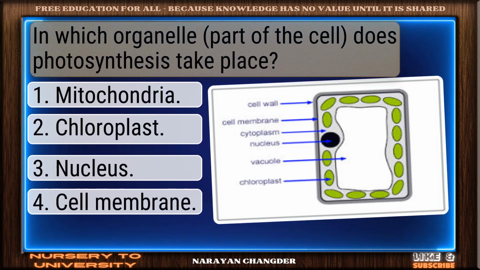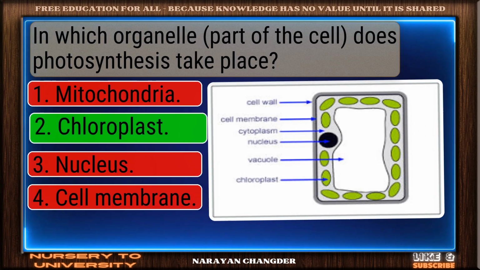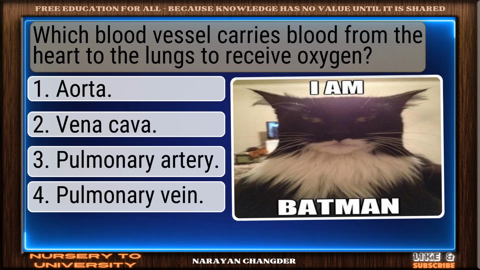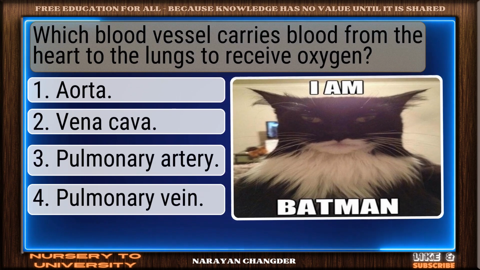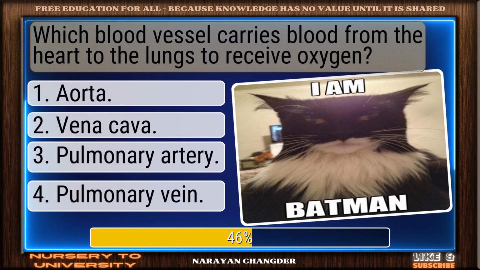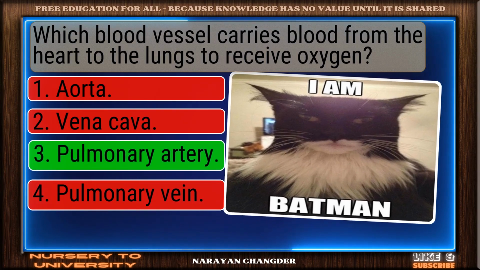In which organelle does photosynthesis take place? Excellent. Chloroplast is well reasoned. Which blood vessel carries blood from the heart to the lungs to receive oxygen? You got it. Pulmonary artery fits.